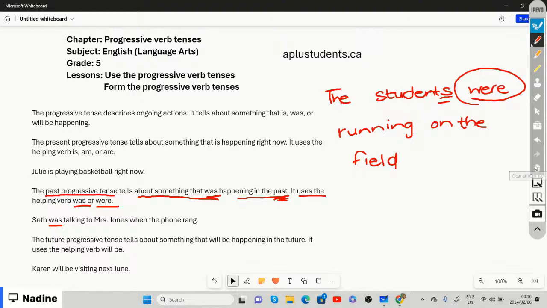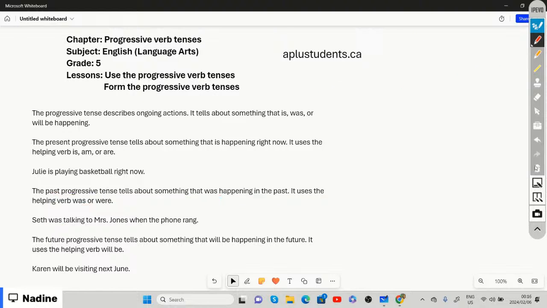All right. And then we have also, when it comes to the tenses, right, the future tense. And the future progressive tense, it tells us about something that will be happening in the future. So future is something that hasn't happened yet.